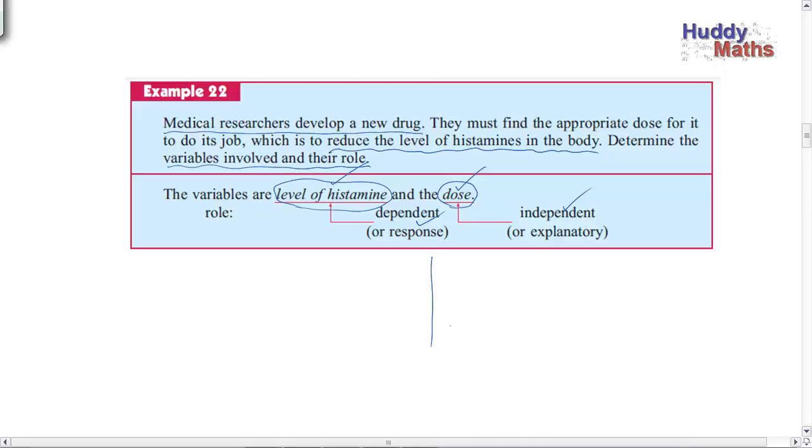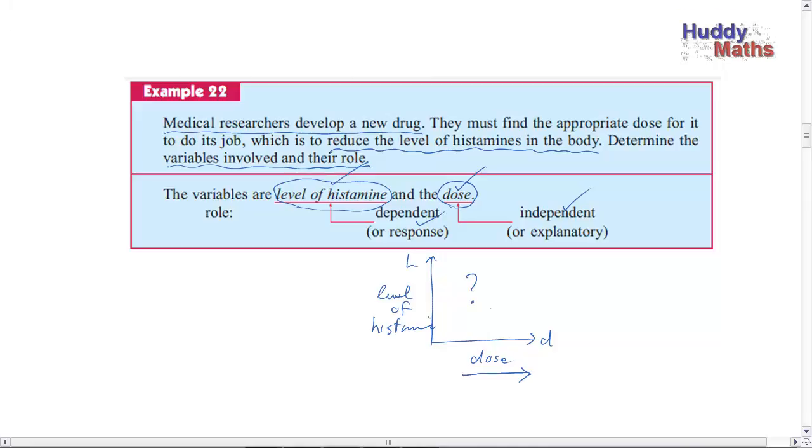So what will you do straight away? You will say, we'll put the dose along here, maybe call it D, and the level of histamine up there. Because according to our convention, the idea is, as you talk about increasing the independent variable, you then say, how is this going to change up here, going up or down?